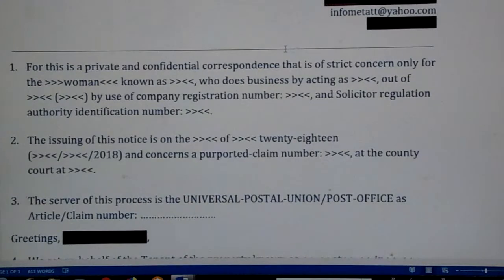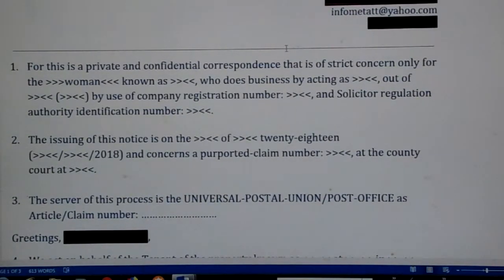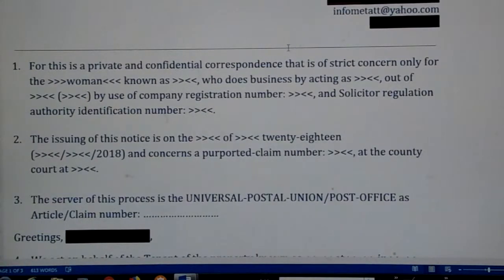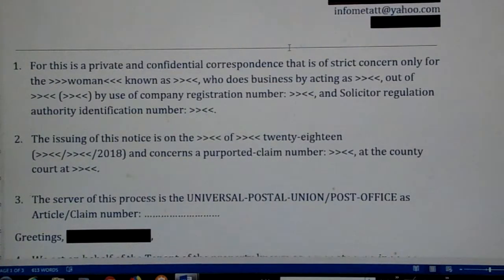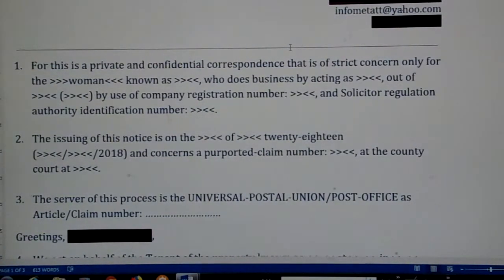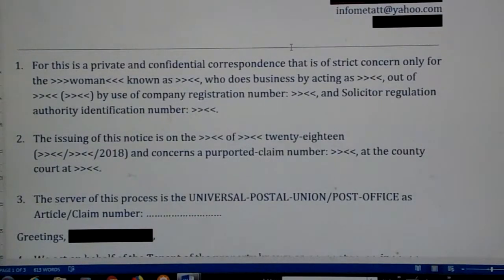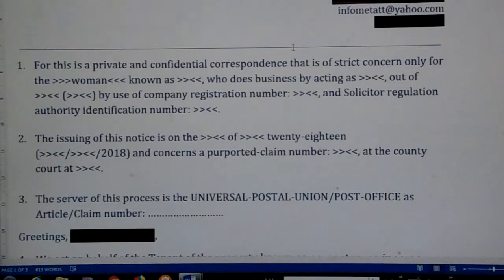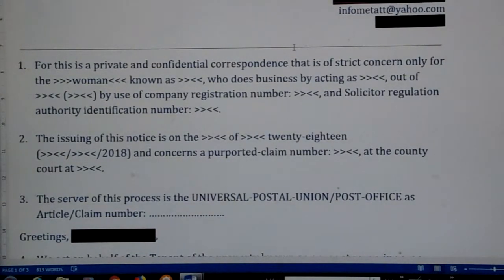Now, in commerce, you have 4 options when you receive an instrument in the form of a letter, or a bill, or a statement, whatever you want to call it. Alright? 4 options. First one is acceptance.